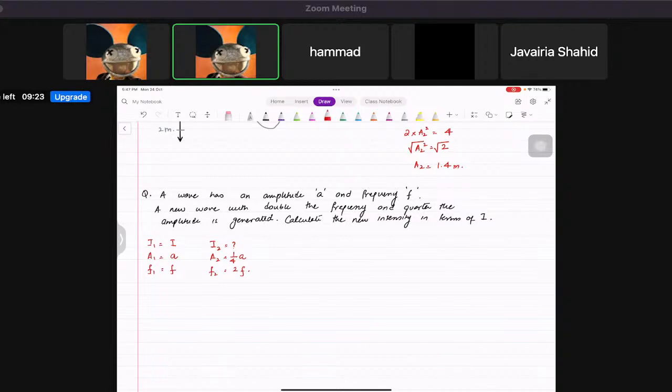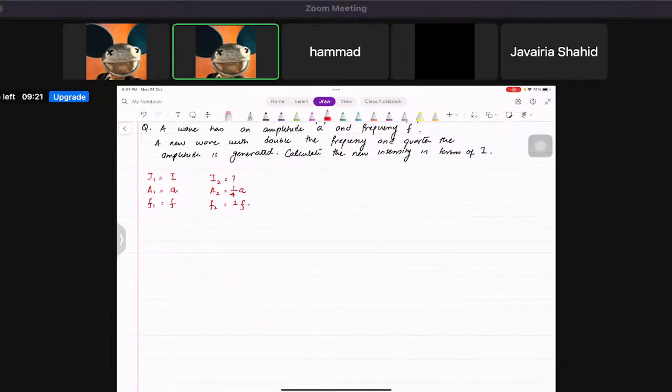So now since we have two formulas, we know intensity 1 over intensity 2 is amplitude 1 square over amplitude 2 square, and we also know that intensity 1 over intensity 2 is equal to frequency 1 square over frequency 2 square, right?